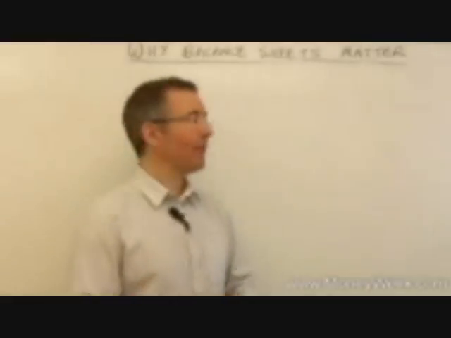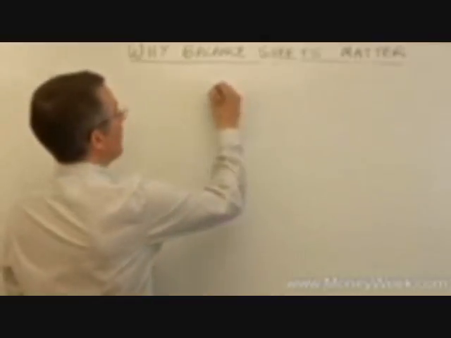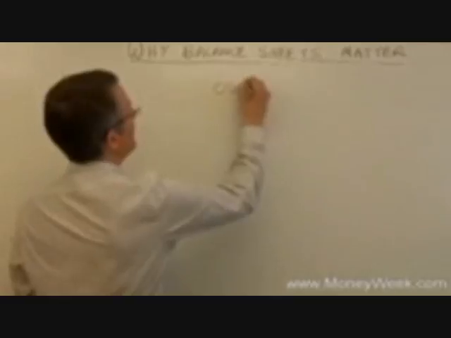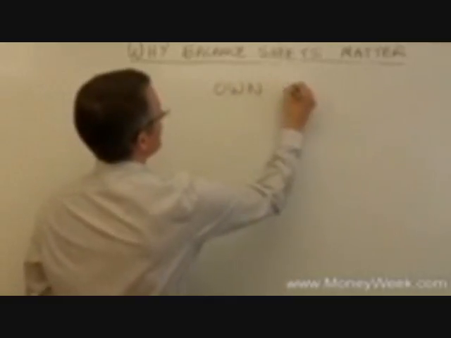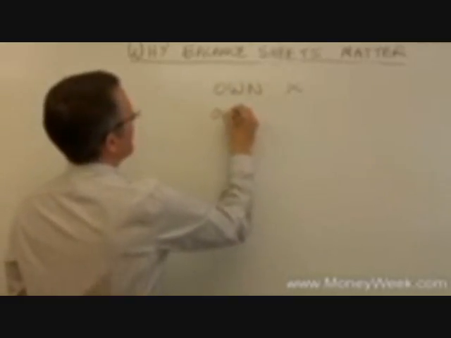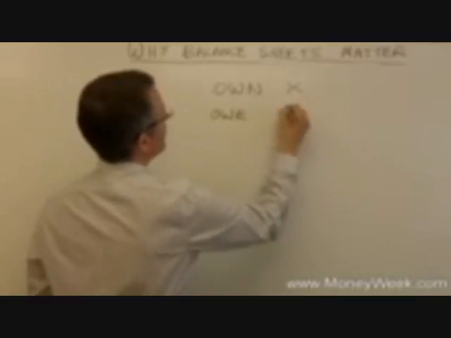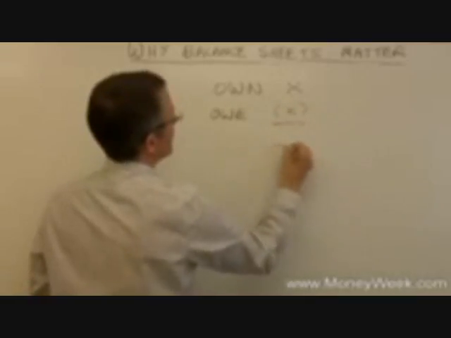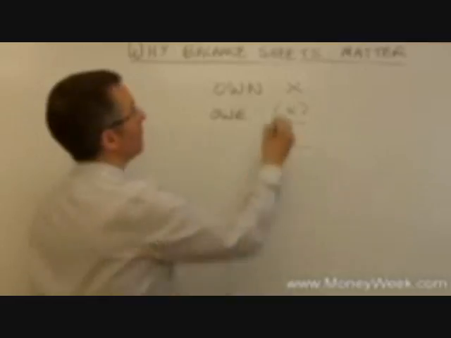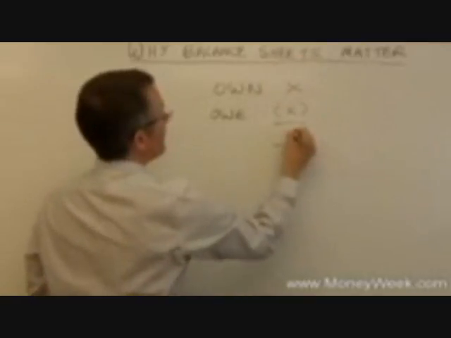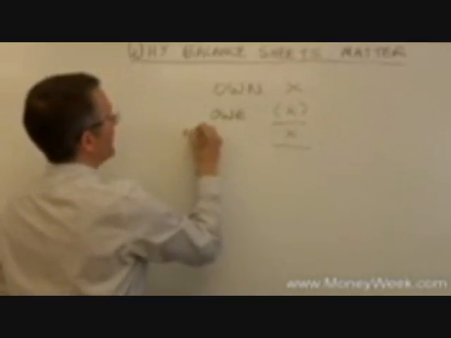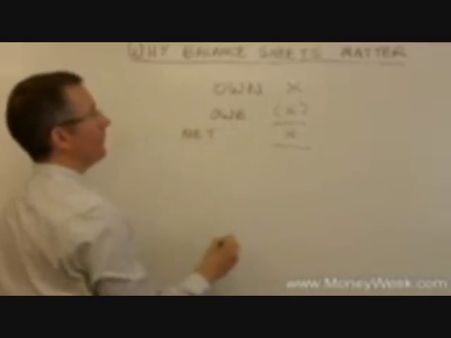A balance sheet is simply a statement, if you like, of what they own minus what they owe other people at, let's say, the 31st of March. The difference is known, not surprisingly, as the net position.